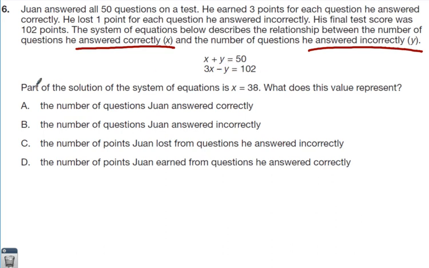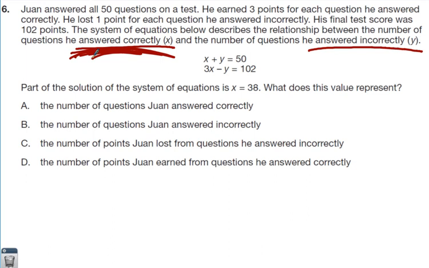All right. So this says part of the solution of the system of equations is that x equals 30. What does this represent? Hold on. So the final answer, basically, they say it right here.